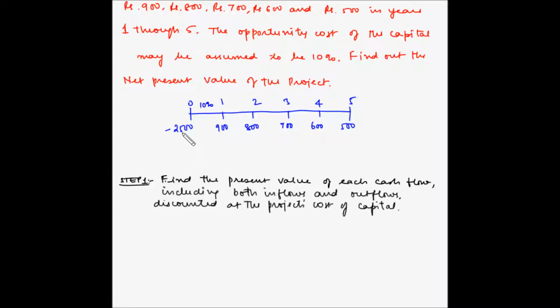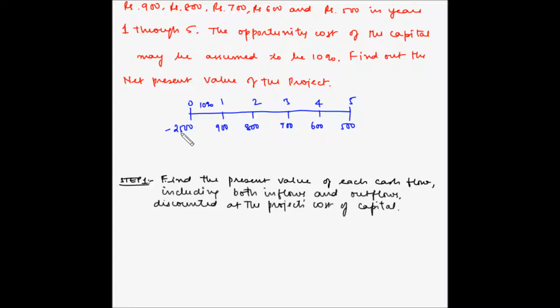So here we have one outflow, but it is also possible that a project may need an outflow or some investment even for initial few years. So all those, whether it is outflow or inflow, has to be brought to the present value.